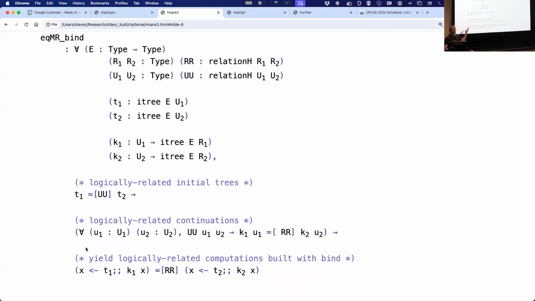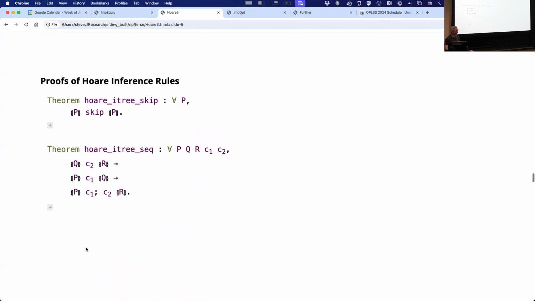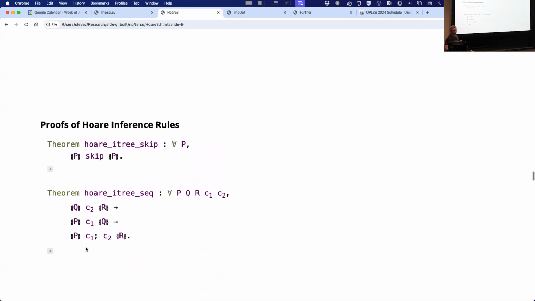So it's just a use of this sequential composition rule packaged up for imp.